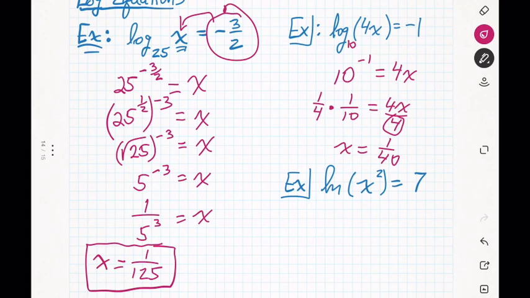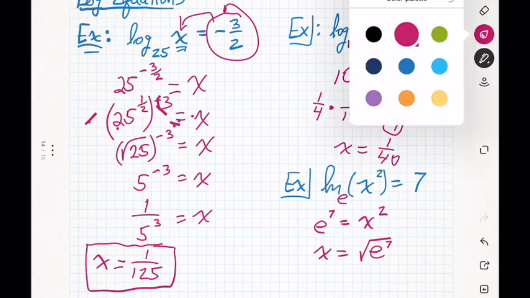The ln has an understood base of e, so this becomes e to the 7th is equal to x squared. Now we're trying to solve for x. x is the variable, e is a constant, kind of like pi, so it's a number raised to the 7th power. To get rid of the square, we're going to square root both sides. So this becomes x is equal to the square root of e to the 7th.